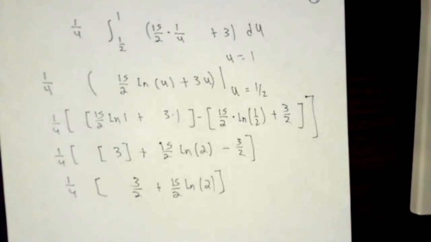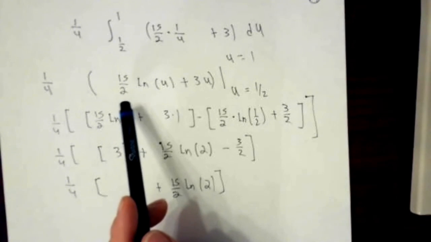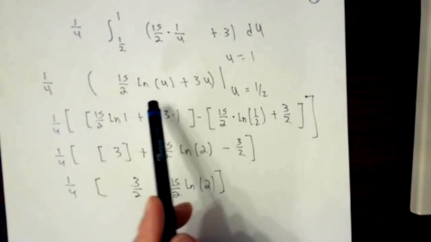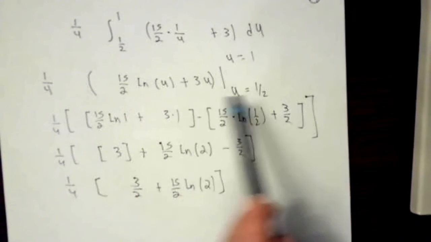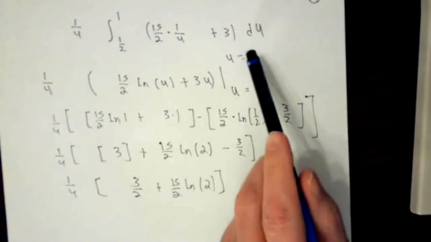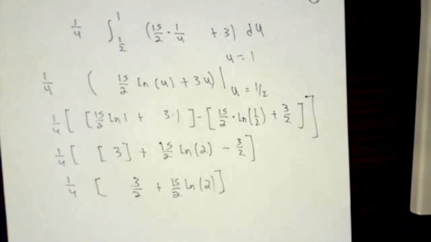All that remains is to calculate the integral from 1/2 to 1 with respect to u of the constant 15/2 times 1 over u plus the constant 3, which is an easy integral to do. The antiderivative is 15/2 natural log of u plus 3u. Put u equal 1/2 and u equal 1 in.